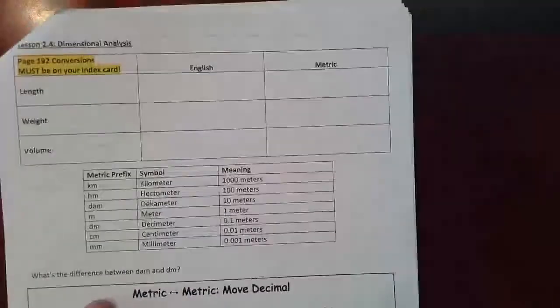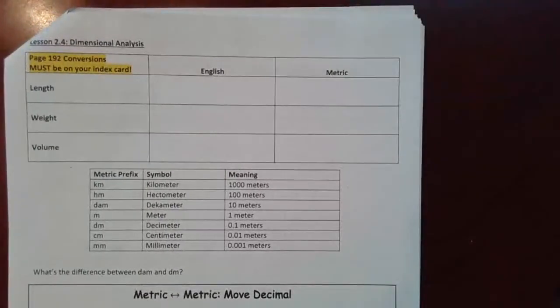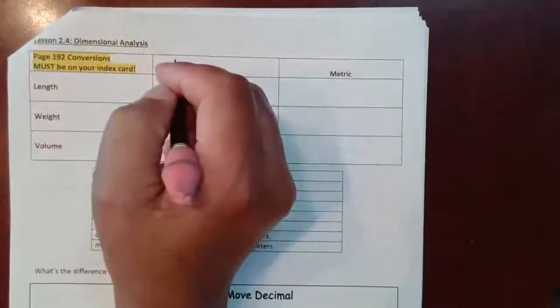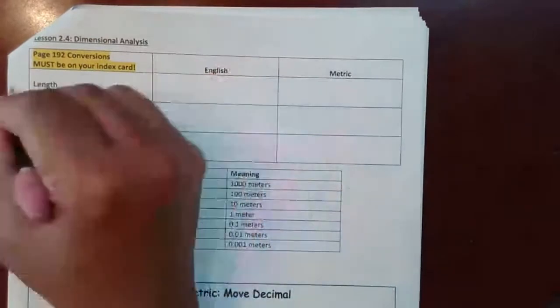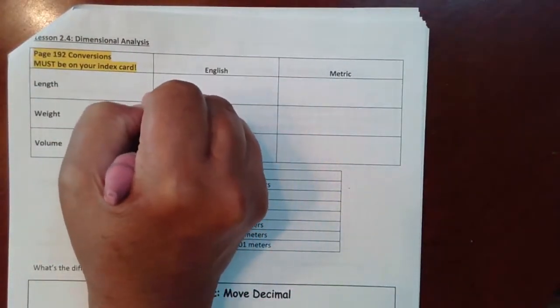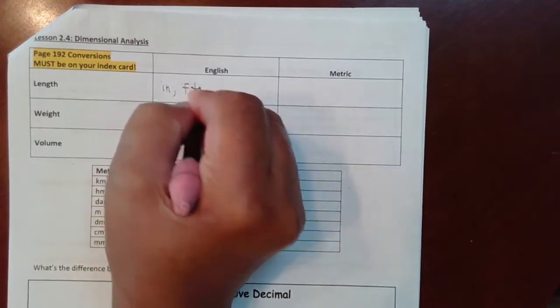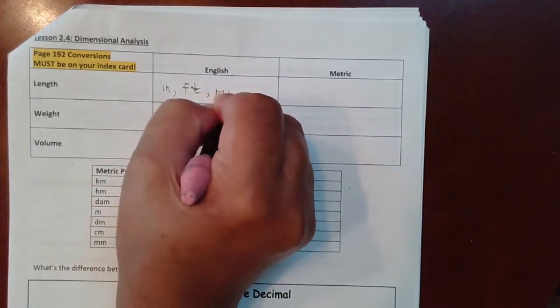So all that was about me showing you page 192, just so you can remember that when you're in the English system and we're talking about length, common units are inches, feet, miles, things like that.